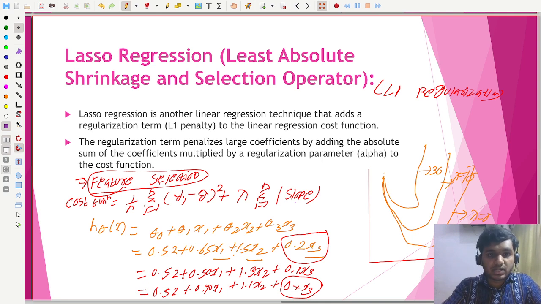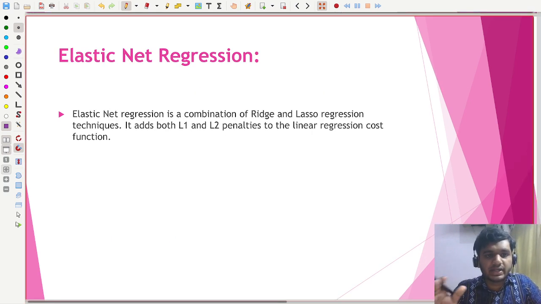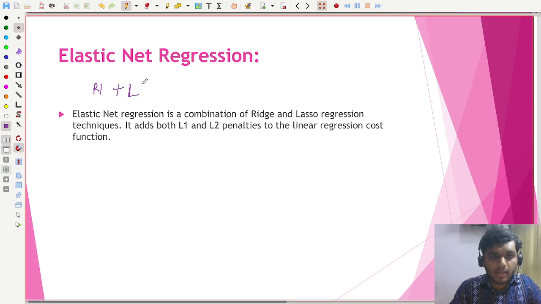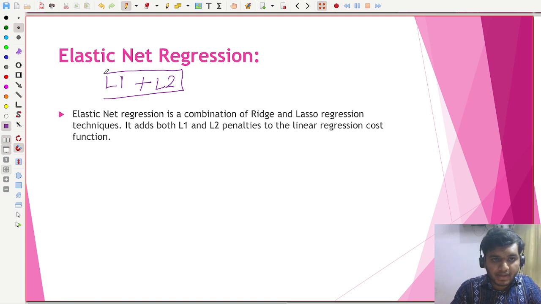Okay, next we'll discuss elastic net regression. It is the combination of L1 regression plus L2 regularization.